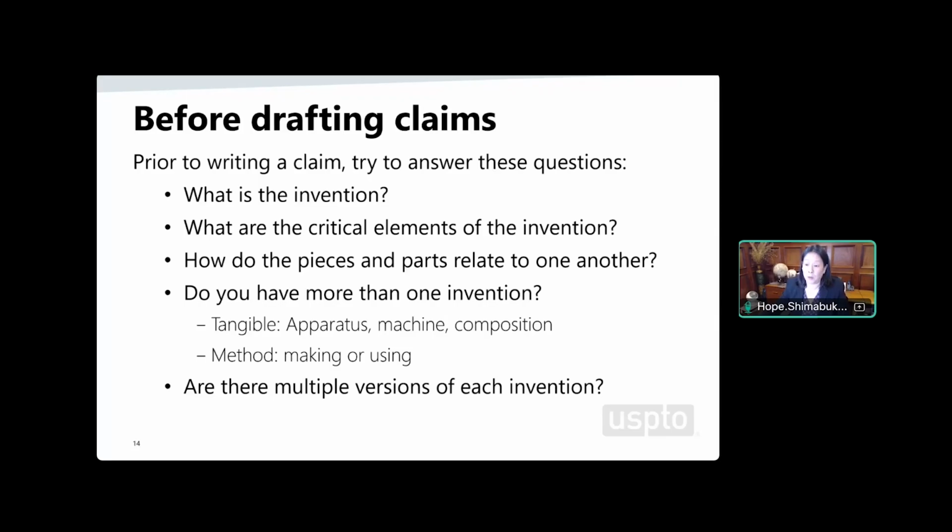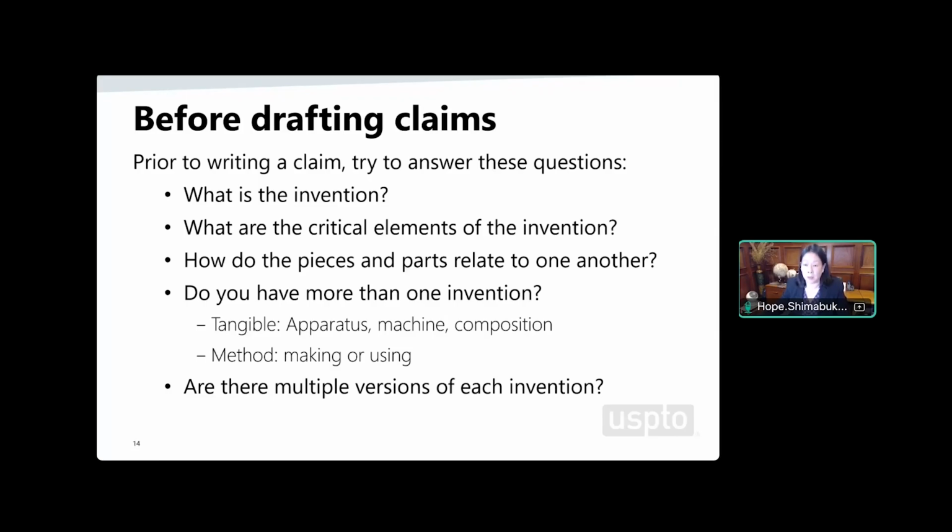If your invention is a device, you should establish the critical elements of your invention and then describe how the elements relate to one another. If it's a method, your claim should include the necessary steps to achieve the end result. Again, you should always have your invention in mind when you are writing your claims.